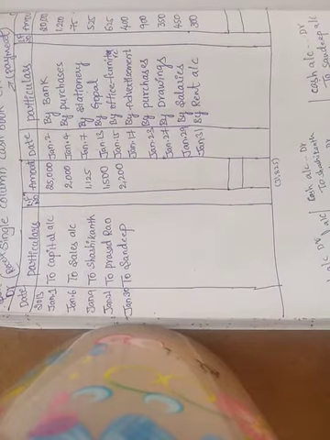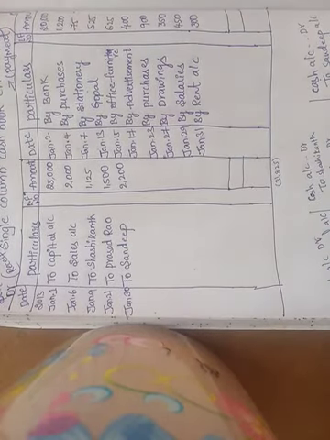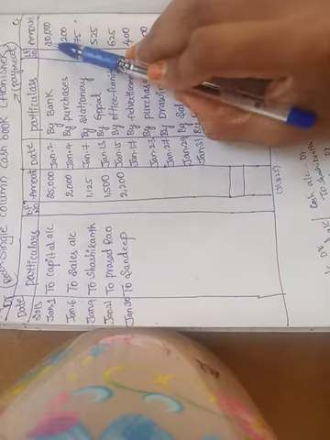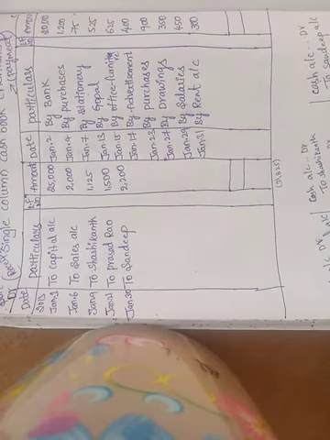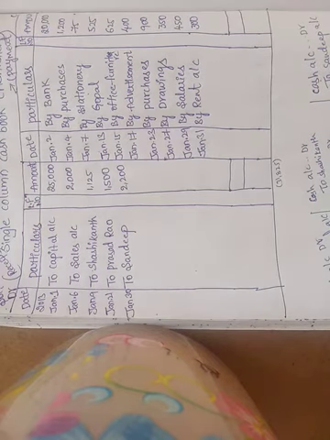Now do the totals of the credit side. The total of the credit side is rupees 20,000 plus 1,200 plus 75 plus 525 plus 625 plus 400 plus 900 plus 350 plus 450 plus 300.